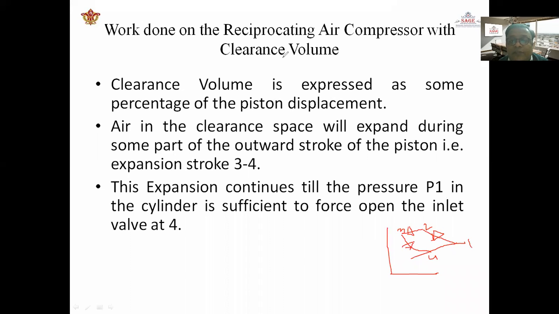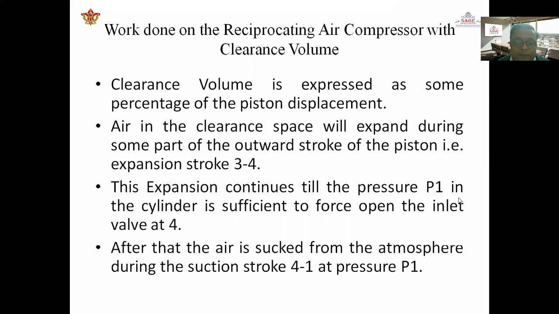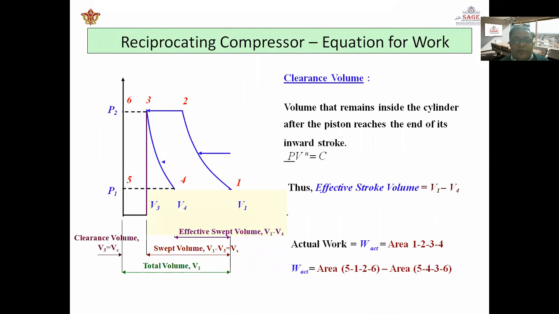It takes place in the engine cylinder through a polytropic process. After that, the air is sucked from the atmosphere during the suction stroke 4 to 1 at a pressure of P1. This is the clearance volume, already discussed in the previous slide.